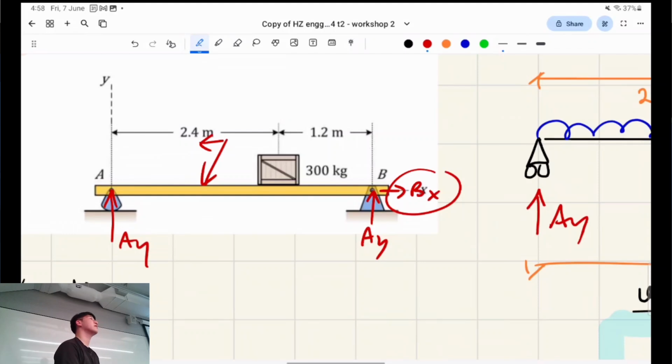In this case, Bx is technically the tangential force, but since the beam is horizontal, we just call it the horizontal force. Technically it's supposed to be the tangential force.